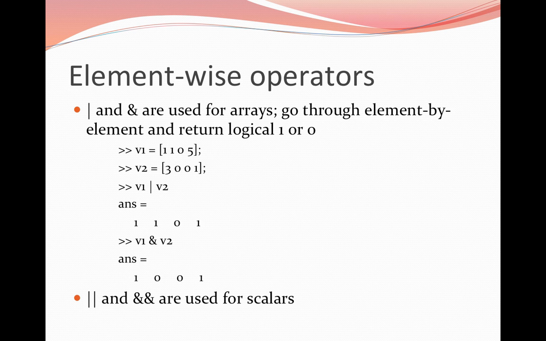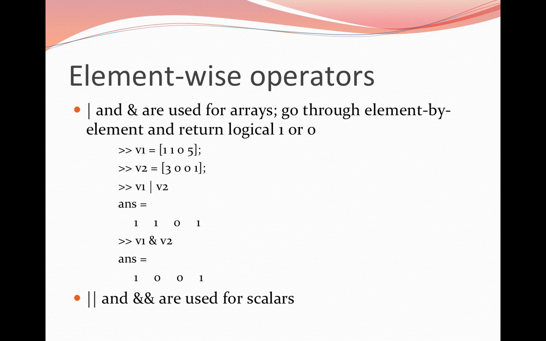There are element-wise operators for or and and, which are a single vertical line and a single ampersand. These are used for arrays, and they go through element by element. So again, that means the arrays have to have the same dimensions, and they return either logical 1 for true or logical 0 for false. So here are two vectors, v1, v2. If I say v1 or v2, that'll go through element by element.